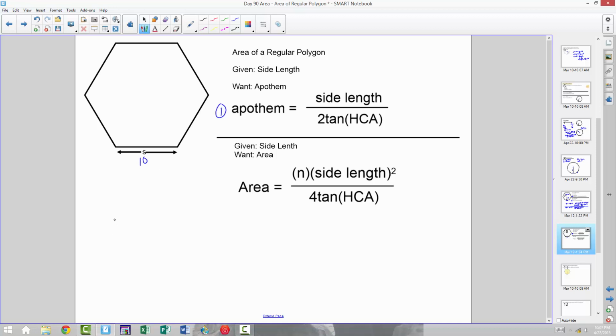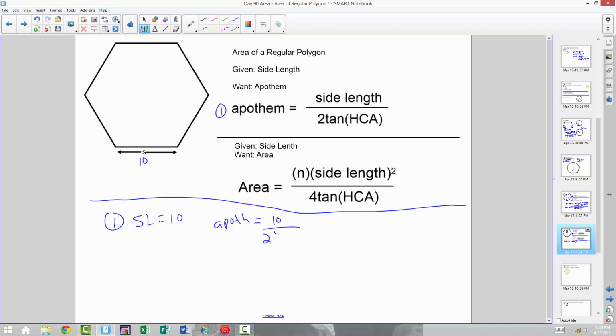So your side length is equal to 10. The apothem will equal your side length, 10, divided by 2 tan of the half central angle. Well, we found our half central angle from the previous example.